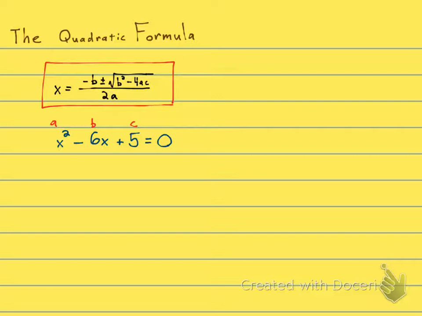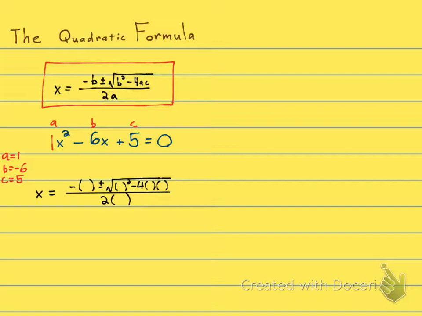So the coefficient for A is 1, the coefficient for B is 6, and the coefficient for C is 5. And to find your answer, all you need to do is plug in A right here and right here. To find B, you have to plug in right here and right here. And then C, you have to plug in here. Okay, so let's see it done.